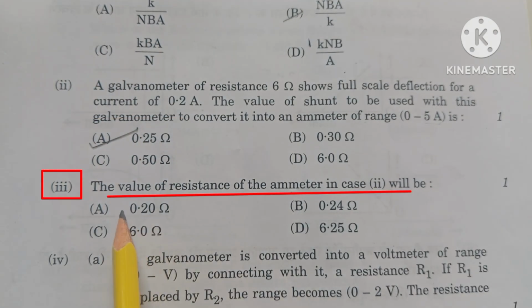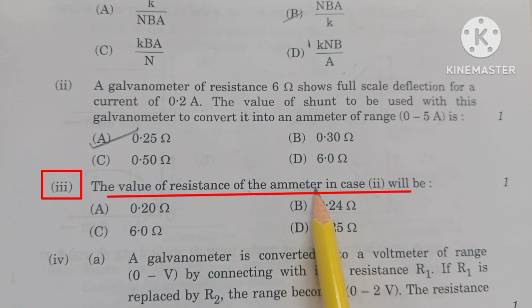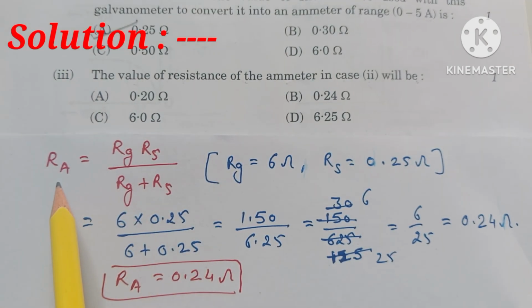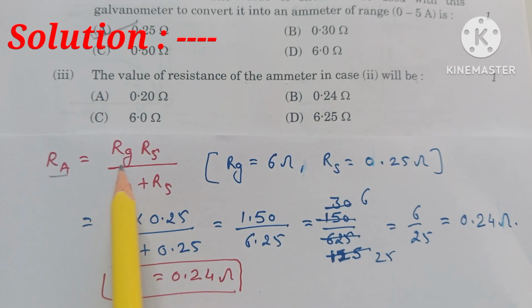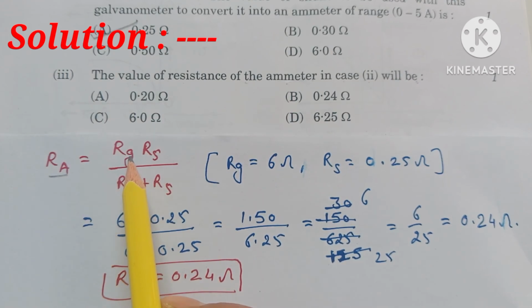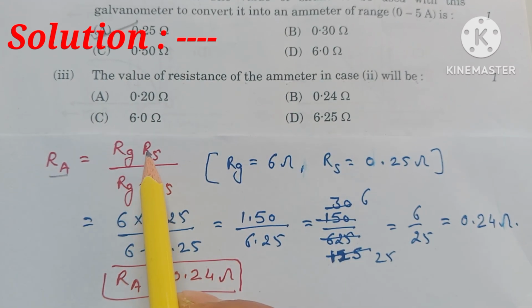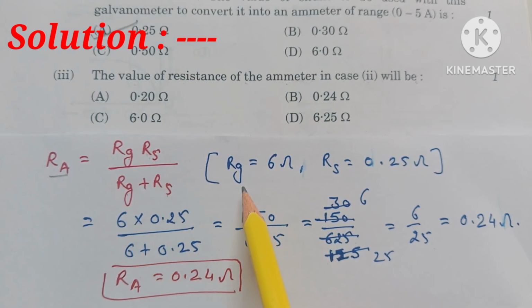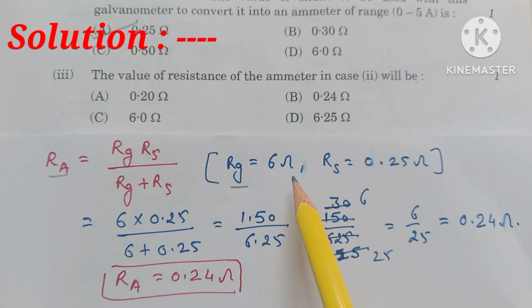Next question number 3. The value of resistance of the ammeter in question 2 will be. We know that the resistance of ammeter is equal to resistance of galvanometer multiplied by shunt resistance over resistance of galvanometer plus shunt resistance. Here in this question we are going to calculate the resistance of an ammeter.